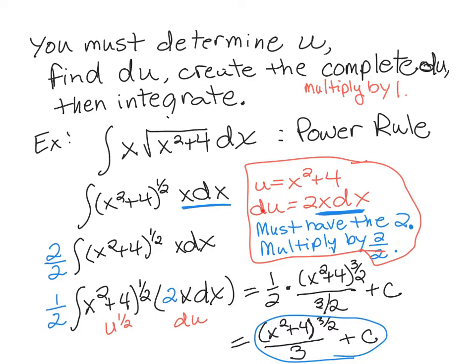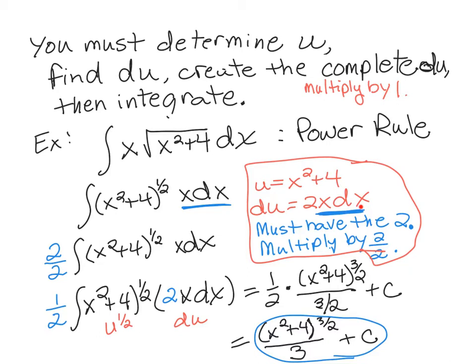Now, to find du, I don't look at the question. I look at what u is. If I'm taking the derivative of this equation right here, the derivative of u is 2x plus nothing else. So I get 2x dx. Well, now look at your question. In the question, you had blob to the power, and then you had x dx. Well, you see this x dx in your du.